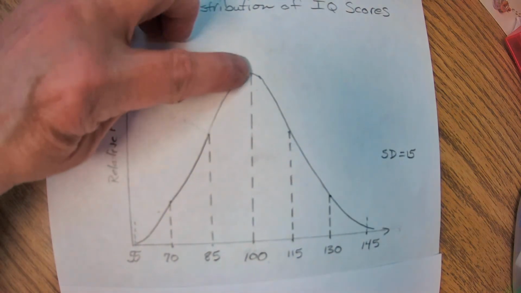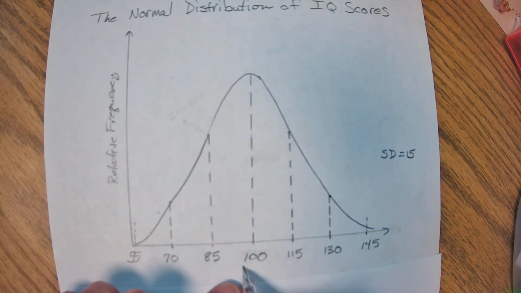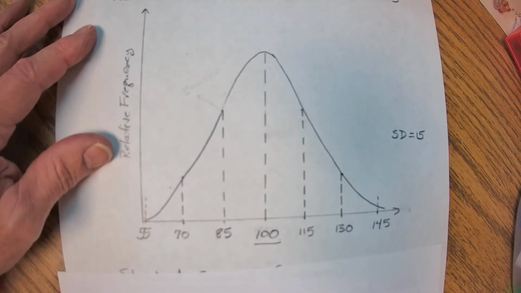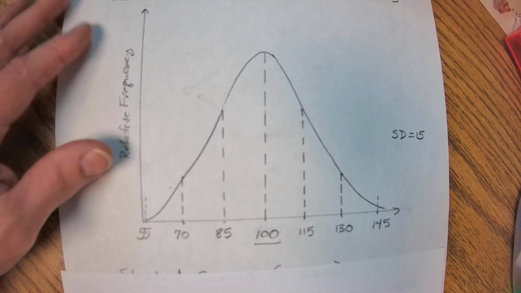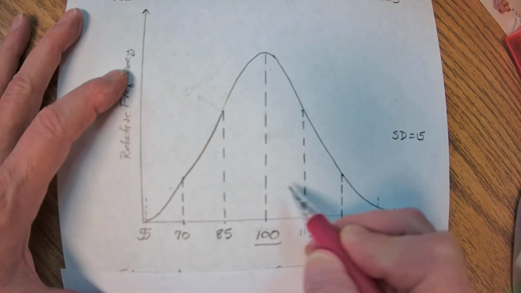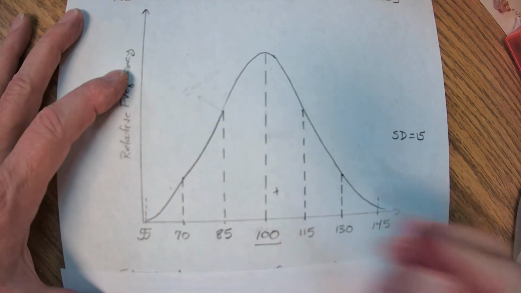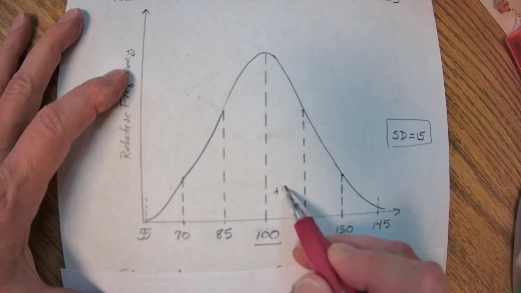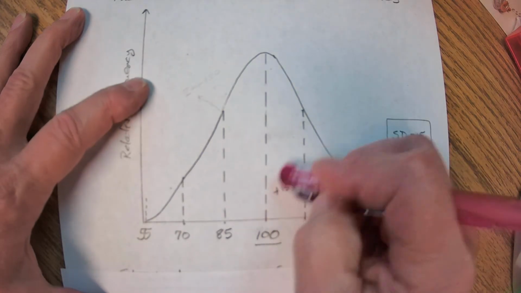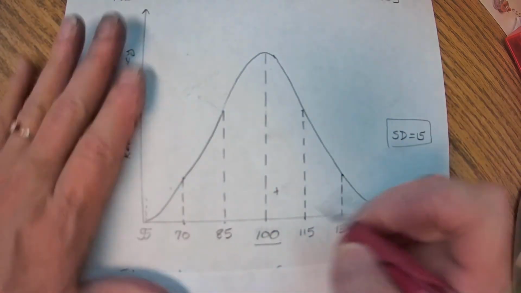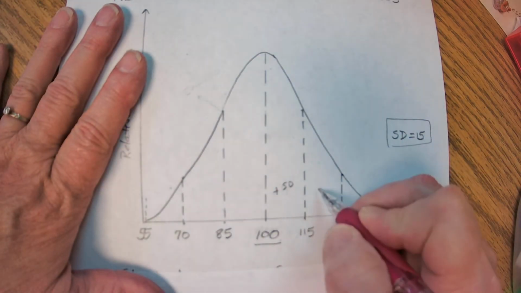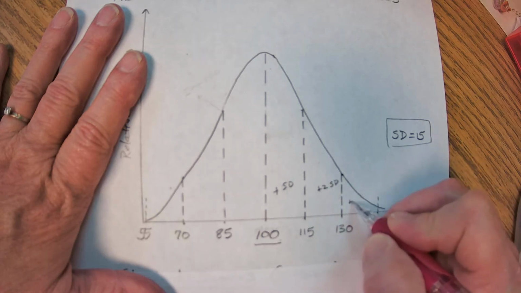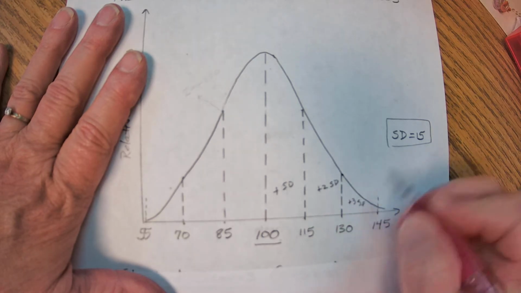So notice here at the peak, there's the mean, median, and mode. So if I added 1 standard deviation, which is 15, by the way, so plus 1 standard deviation, plus 2 standard deviations, plus 3 standard deviations.